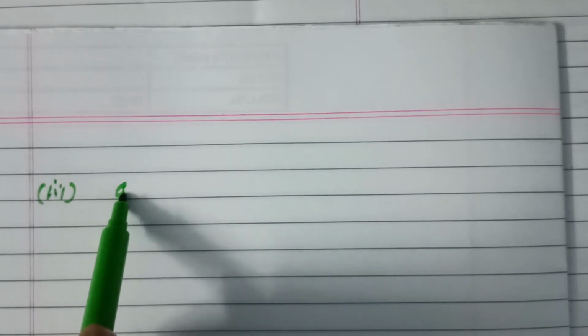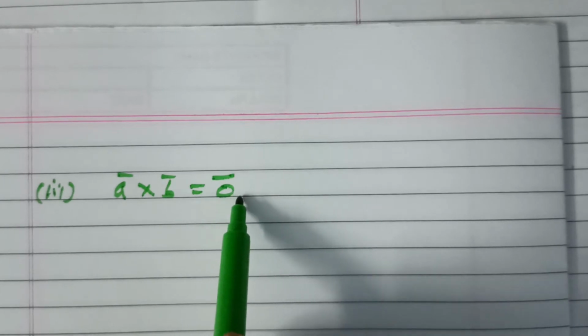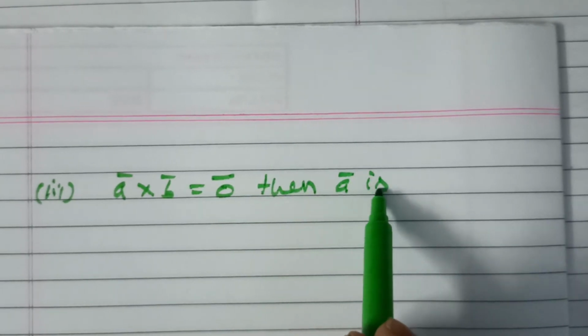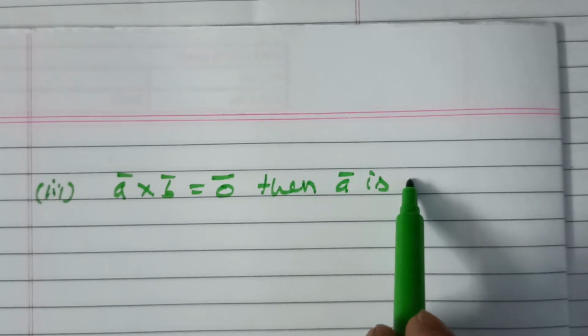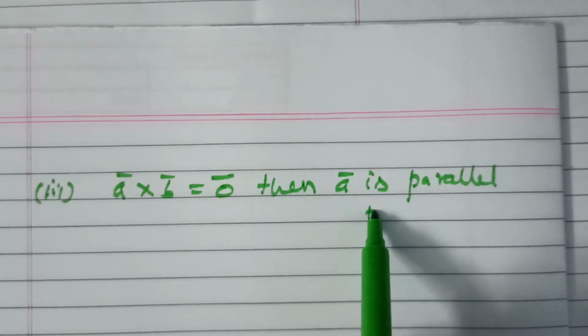So third property, if A bar cross B bar is equal to 0 bar, then A bar is parallel to B bar.